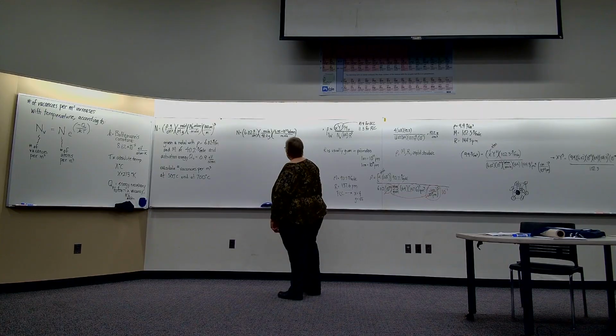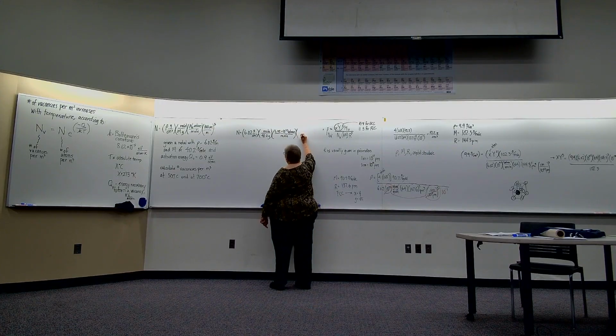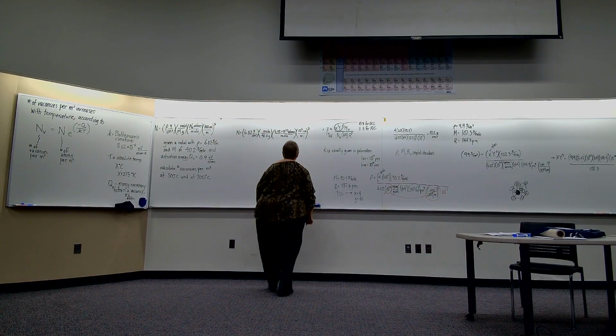Now I have grams cancel, moles cancel, atoms per cubic centimeter. So I've got 100 centimeters per meter cubed, so I'll multiply by 10 to the 6.